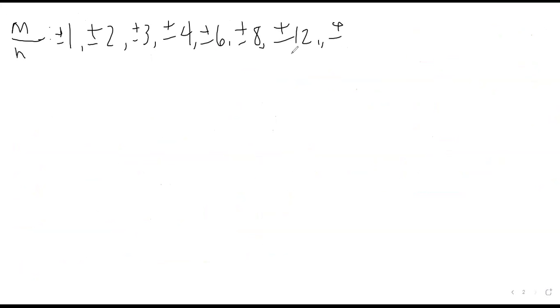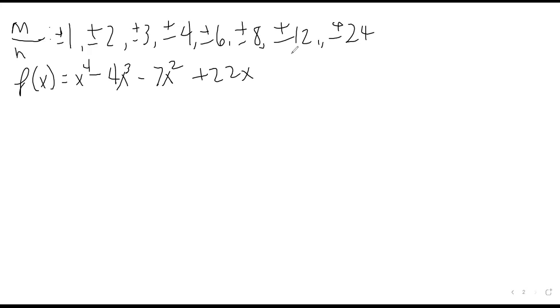Okay, and there we go. Now I also am gonna write on this page again, my original polynomial function. X to the 4th minus 4x cubed minus 7x squared plus 22x plus 24.